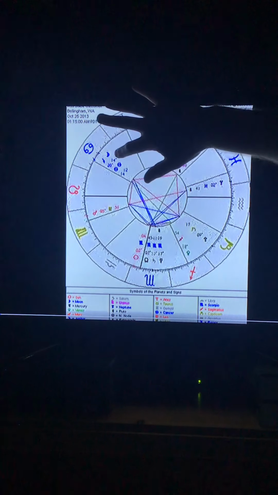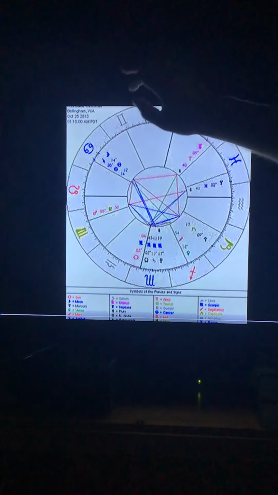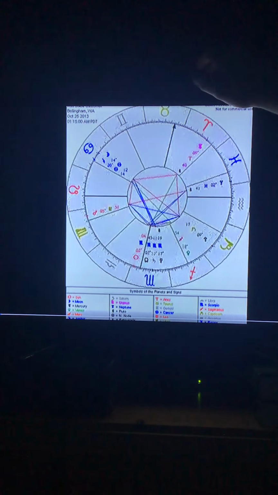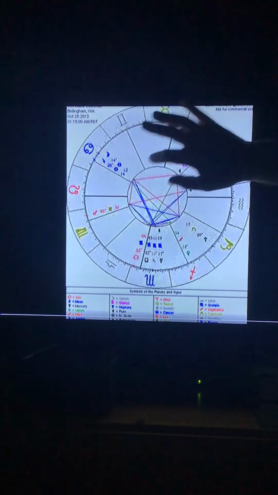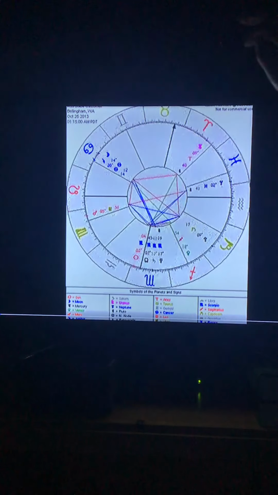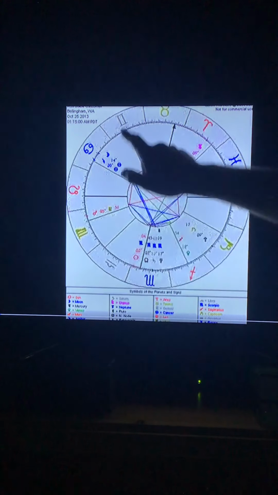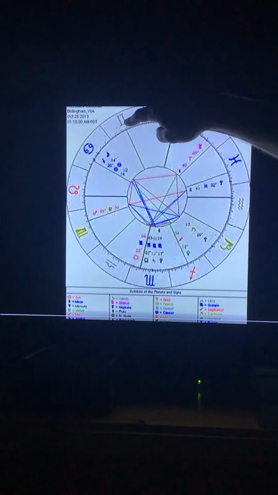Those degrees are represented by that number right there. Each degree is then broken down into something called a minute, which is not to be confused with a minute on a clock, although it is very easy to confuse, and that's represented right there. So this outer ring is the zodiac signs.